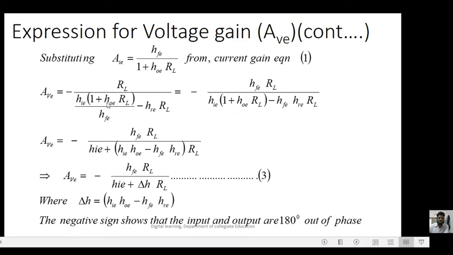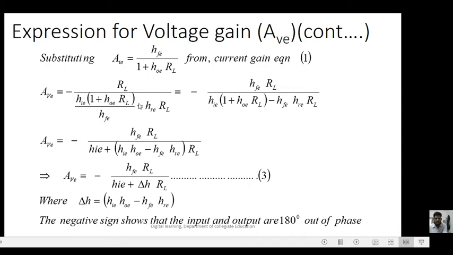So AVE is equal to RL divided by HIE into 1 plus HOE RL divided by HFE minus RL, minus HOE RE plus RL.